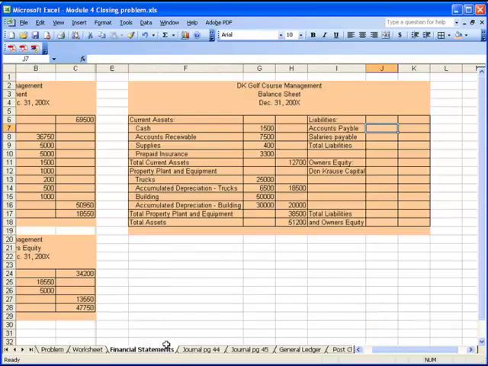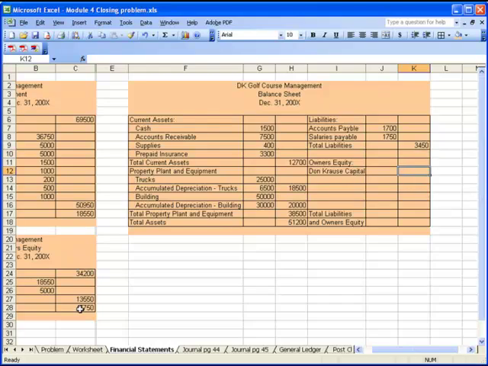So let's go get those, and $1,700 here, $1,750 here. Our total liabilities added up is $3,450.